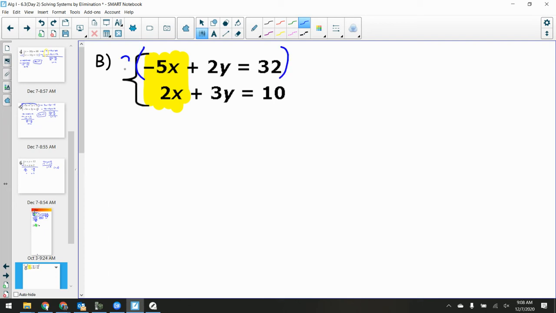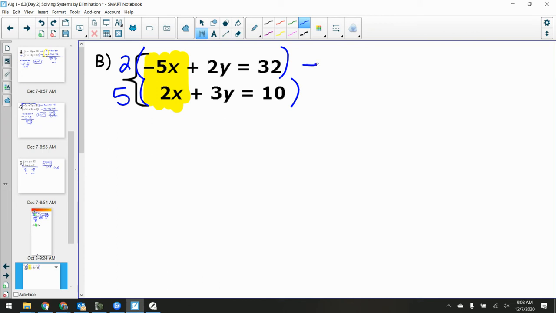What number am I going to multiply the bottom equation by? Good. Just like getting common denominators, that ties right into LCM. A lot of the time, aren't you just multiplying by the other denominator? That's the same thing here. A lot of the time, you're just multiplying by the other coefficient to try to make them match up.